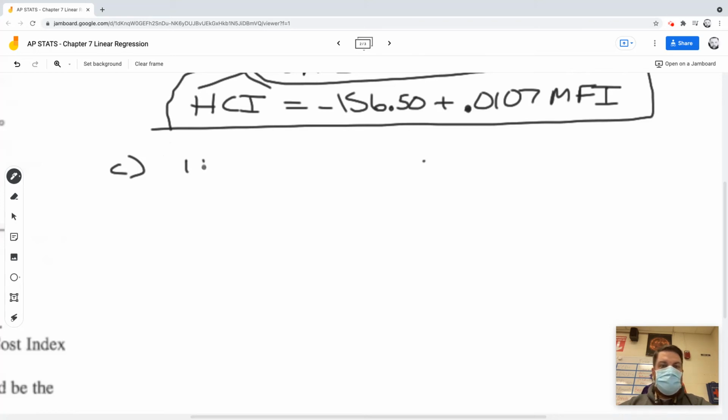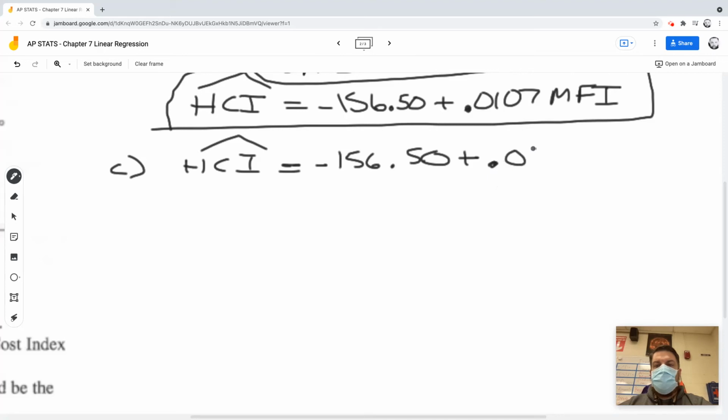So the predicted housing cost index, HCI hat, is equal to negative 156.50 plus 0.0107 times the median family income, which they gave us as 44,993.